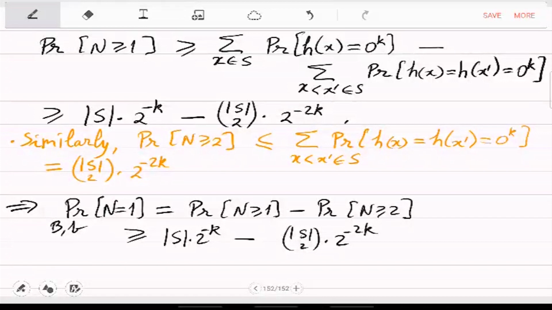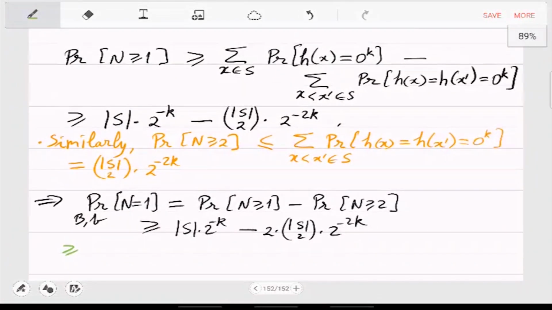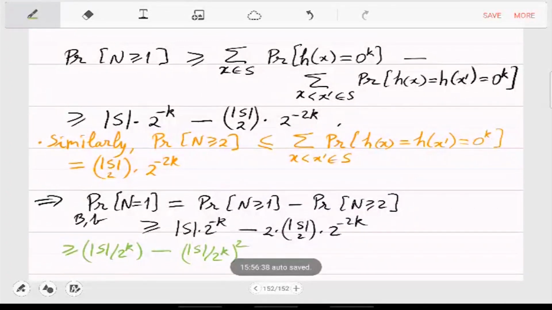So, 2 times this, right, and you can check that this is at least S by 2 raised to k minus S by 2 raised to k whole square. Okay, the first is S by 2 raised to k, the second is just square of that being subtracted. You can check that this inequality is satisfied, it's almost the same.